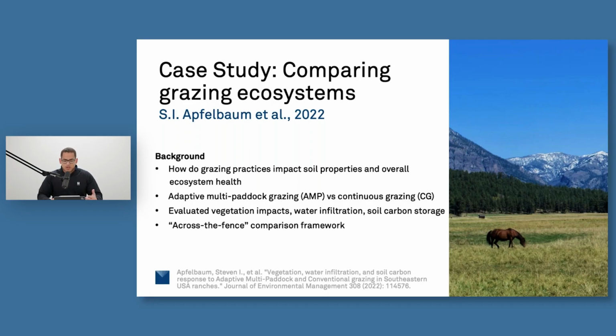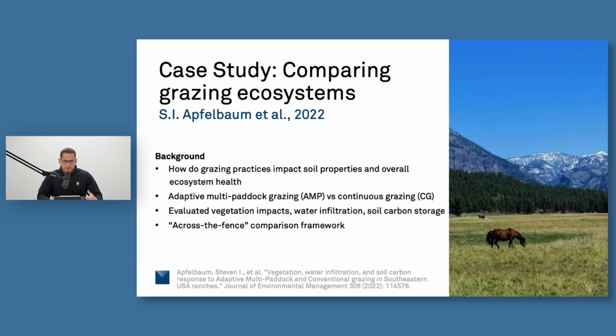These include continuous grazing, which you might see referred to as CG in the text, rotational grazing, which is typically referred to as RG, and adaptive multi-paddock grazing or AMP grazing. And I will primarily just refer to that as AMP grazing because that's a really long phrase to say.